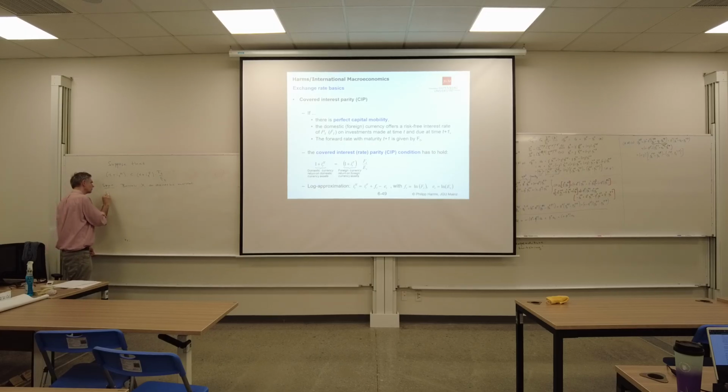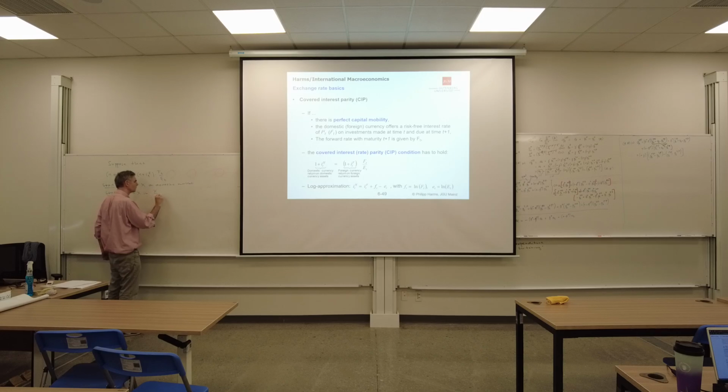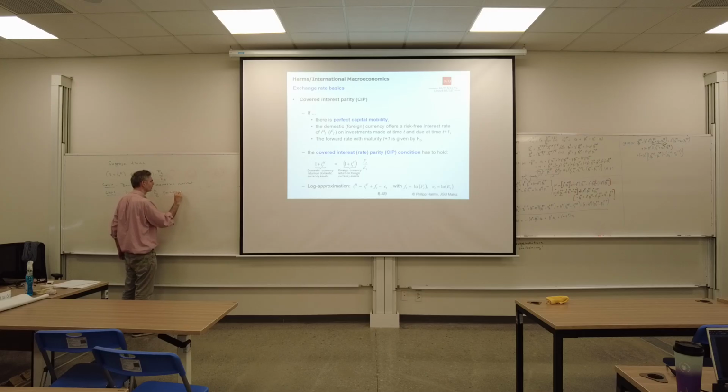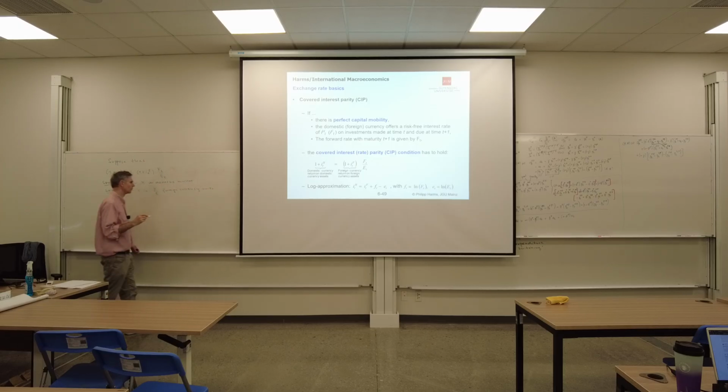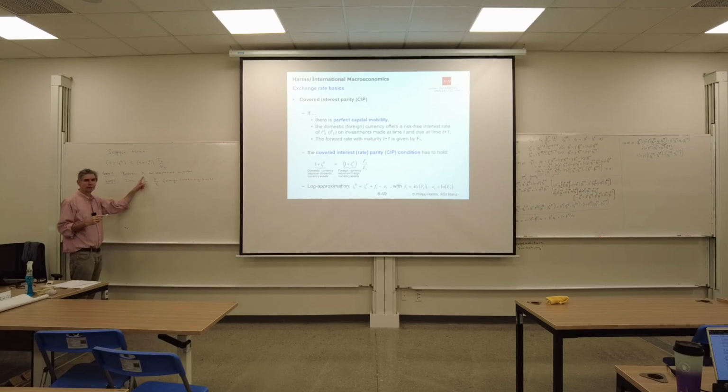Step 2, turn X into X over E foreign currency units. Right? So suppose you're borrowing 1,000 euros and you're turning this 1,000 euros into 1,000 divided by E dollars.